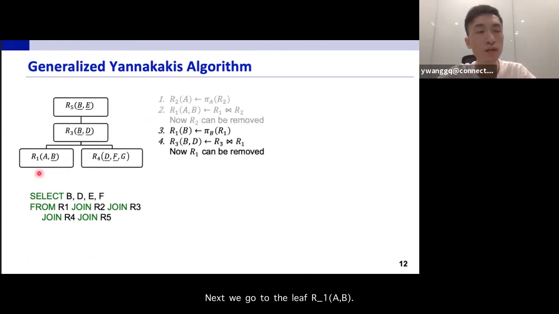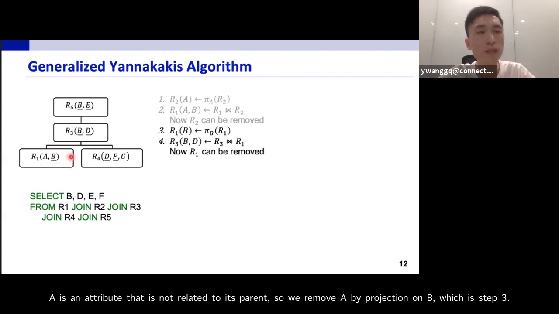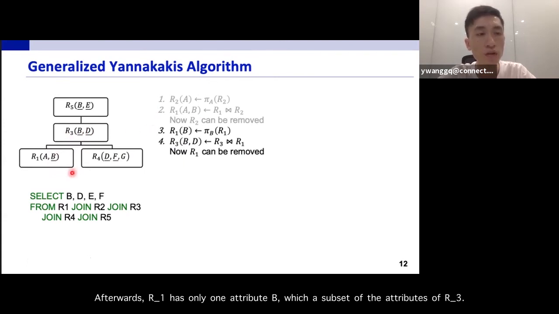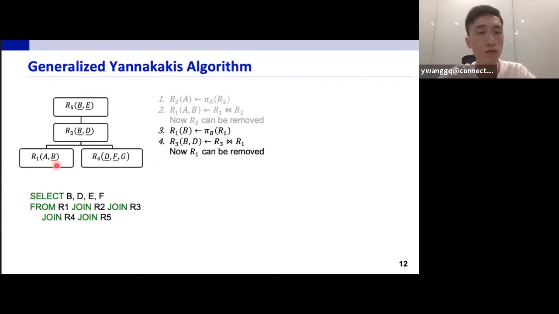Next, we go to the leaf R1(A,B). A is an attribute that is not related to its parent, so we remove A by a projection on B, which is step 3. Afterwards, R1 has only one attribute B, which is a subset of the attributes of R3. So we compute R3 join R1, and then remove R1.